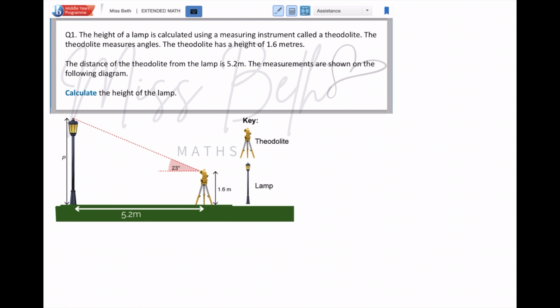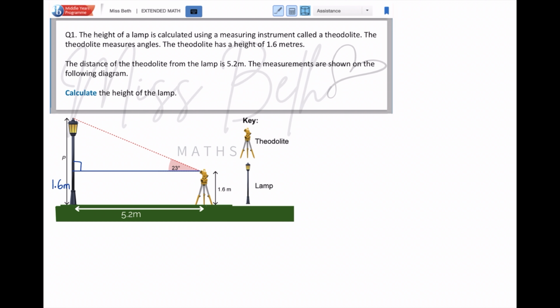Okay, we know that the height up to this line here is going to be 1.6, okay? I know that because that's the theodolite's height. What I've then formed is a right angled triangle above it, so we're going to use trigonometry to solve the height in total.